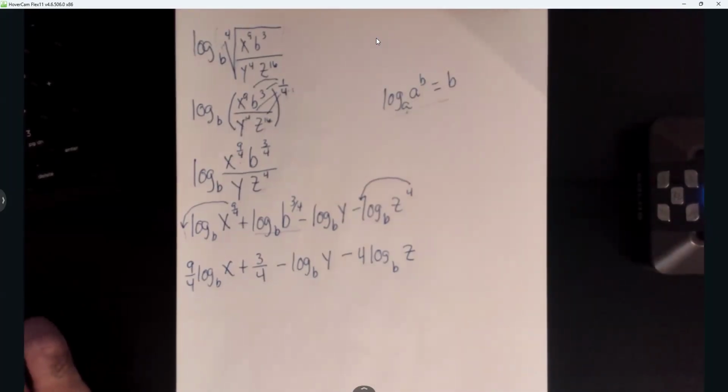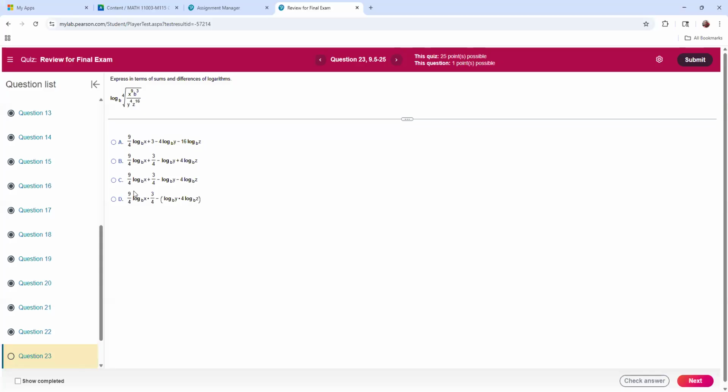Whew, so let's pray we got one like that, right? So 9/4 log b of x. They all got that. Plus 3/4. Well, looks like B and C at this point. D says times 3/4. That's wrong. So it's B or D now. Minus log B of y.